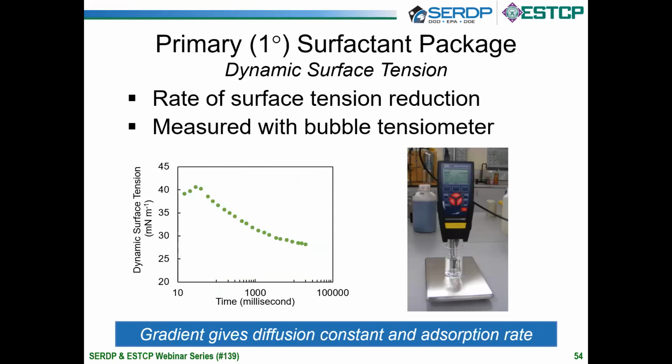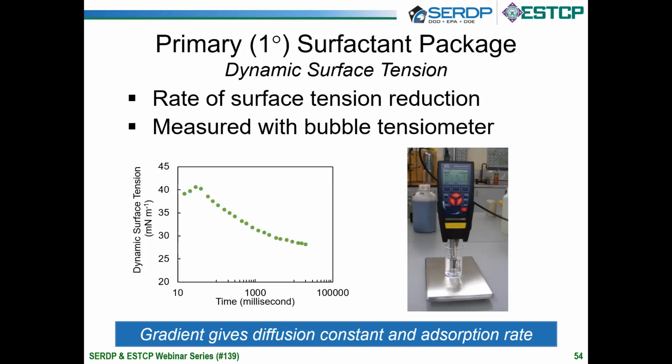But it's not just how low can you go with surface tension, but how quickly can you get there. So we use a bubble tensiometer to measure the rate of surface tension reduction, or the dynamic surface tension. Again, you can see on the left-hand side, we've got a graph of surface tension against log time.